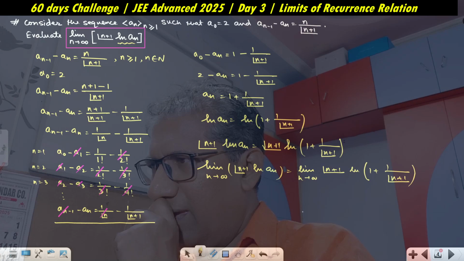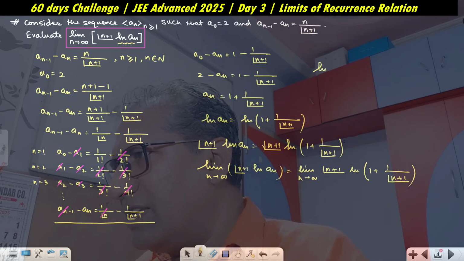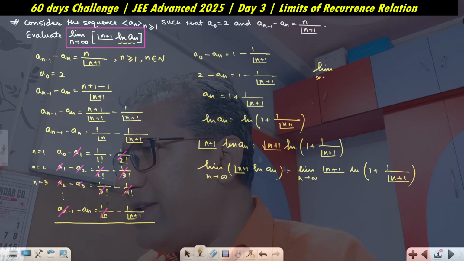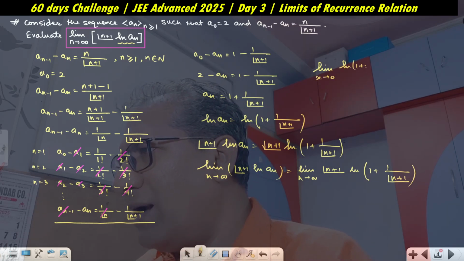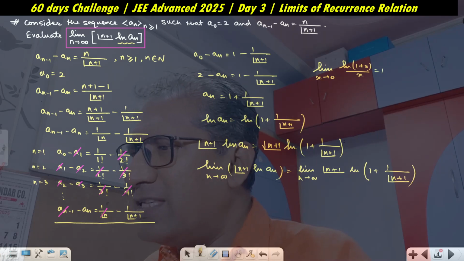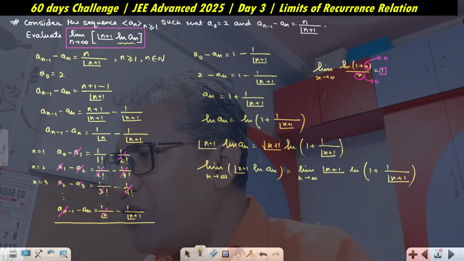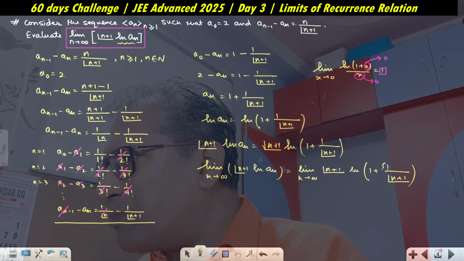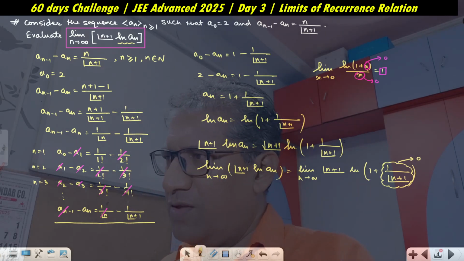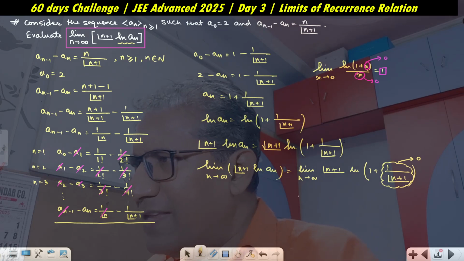Okay. Now we know a standard formula. The standard limit people all know is that when x tends to 0, ln(1 plus x) over x is 1. That is, when x is tending towards 0, the numerator is tending towards 0, and the denominator is also tending towards 0, and the answer will give us 1. So in this case, when n is approaching infinity, this part is tending towards 0. So I need the same thing in the denominator.